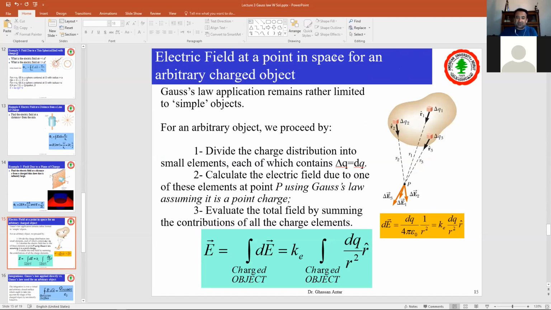So this is what's shown here: E is equal to the integral over the charged object of dE, and dE is k_e dQ over r squared r hat. And now the integration is not over a Gaussian surface, but over the actual object itself.